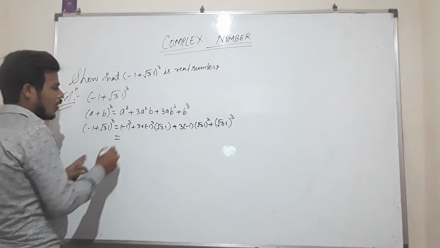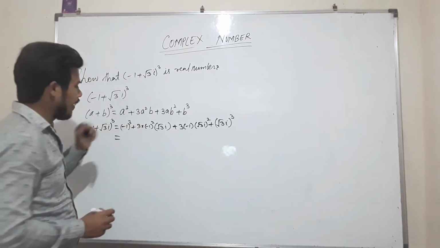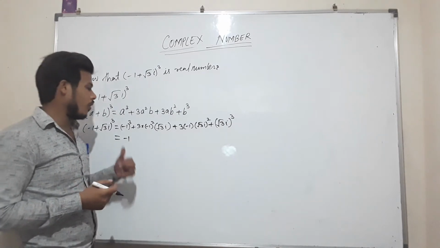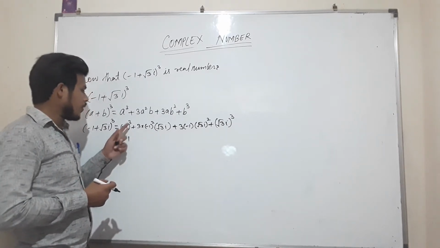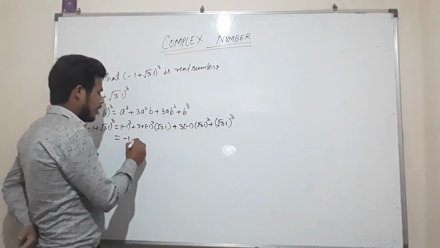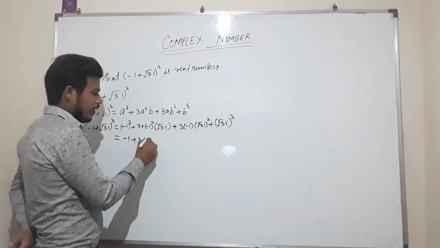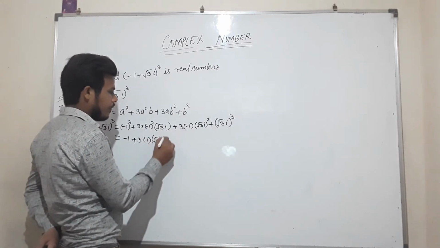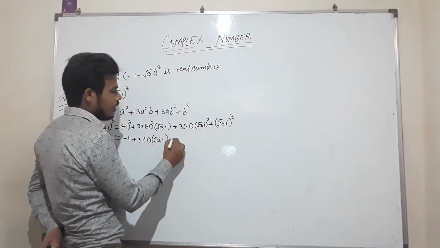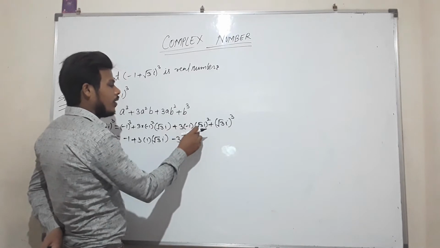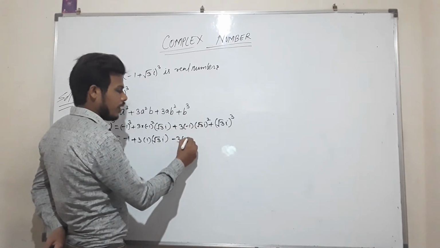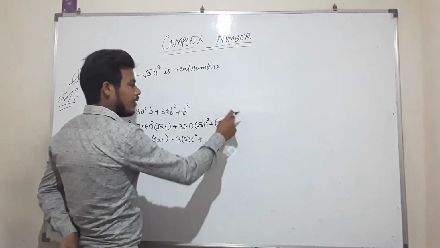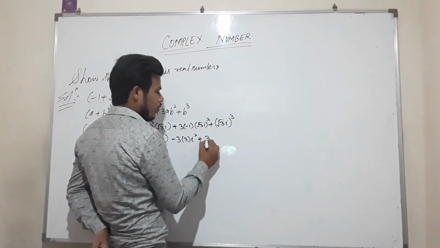Now (-1) cube is -1, because an odd power of minus is always -1. So (-1) cube plus 3 into (-1) square, which is 1, into √3 i. 3 into -1 is -3. The square of root 3 is 3. The square of i is i square. The cube of root 3 is 3 root 3.